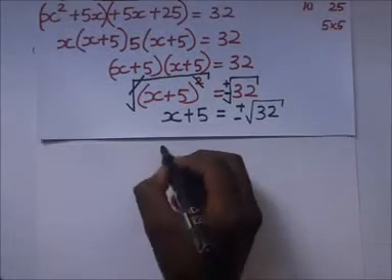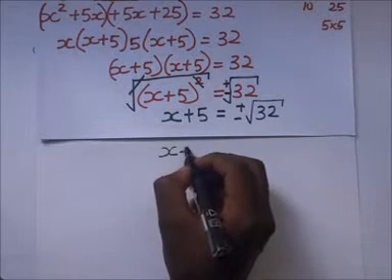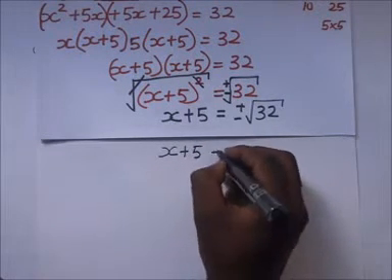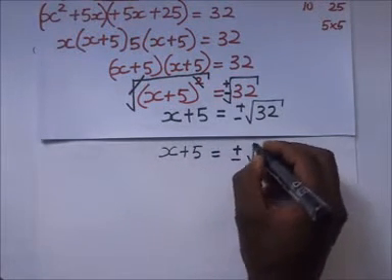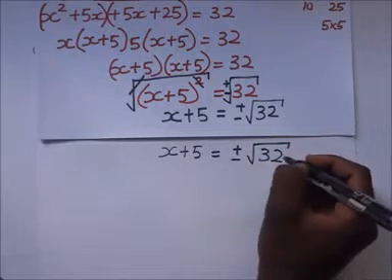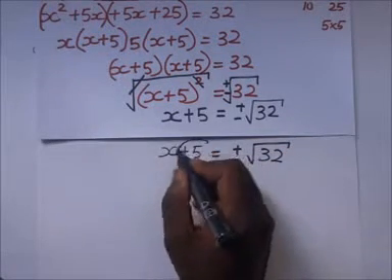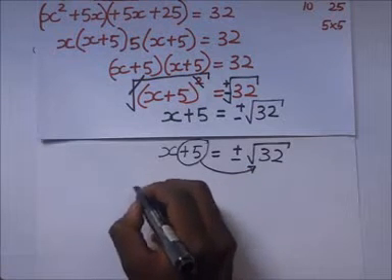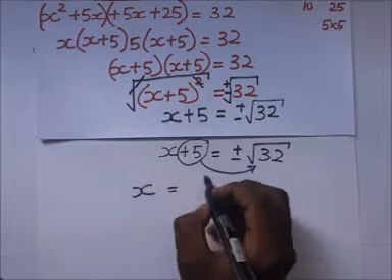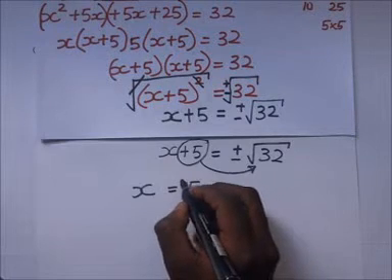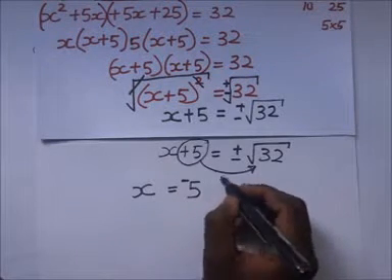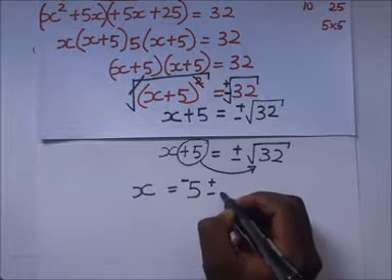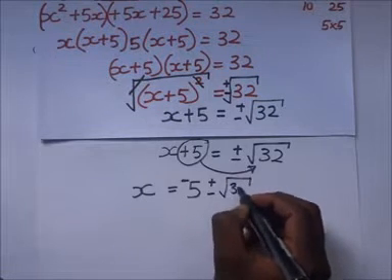So definitely from this point we have x plus 5 being equal to plus or minus the square root of 32. And of course, when this 5 crosses to come this way, you remain with x equals negative 5 plus or minus the square root of 32.